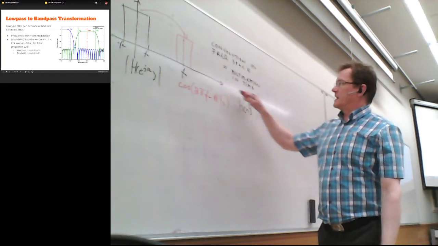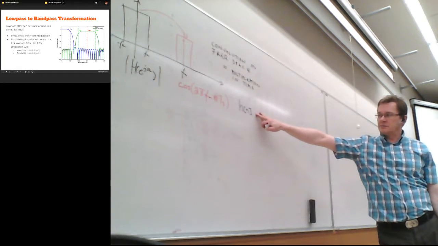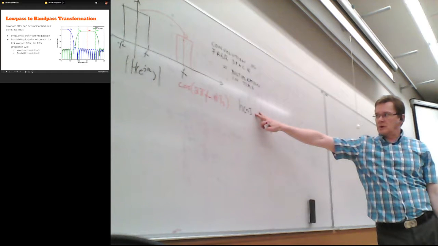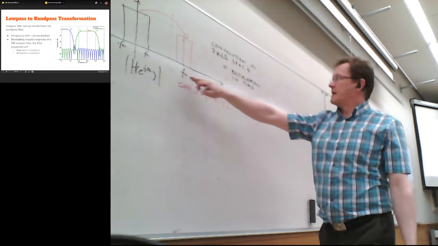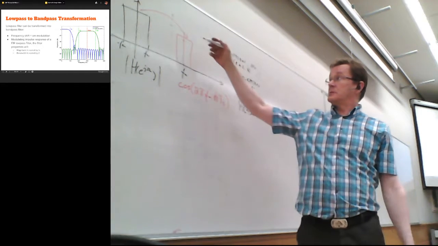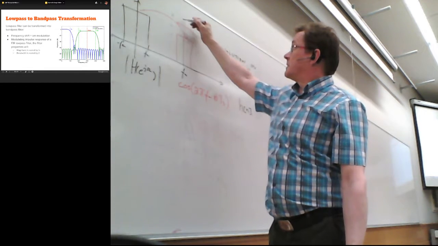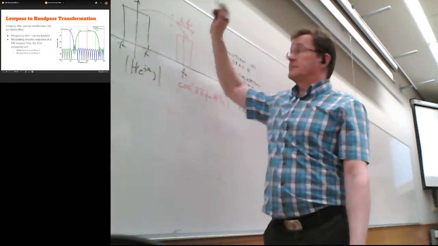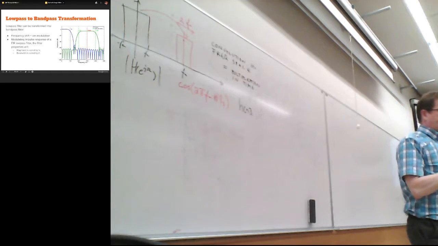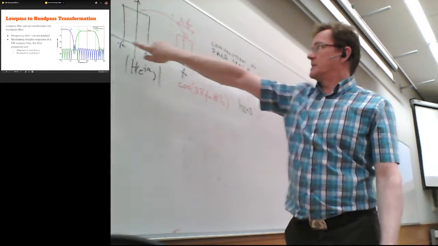So basically, this should give me the new impulse response for the low pass filter with the width of 2 times the Fc. Half width is that one. It's quite obvious when you look at it.